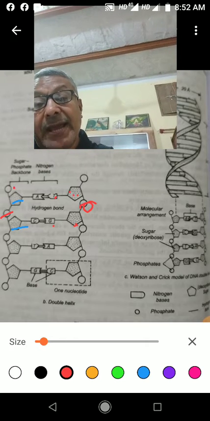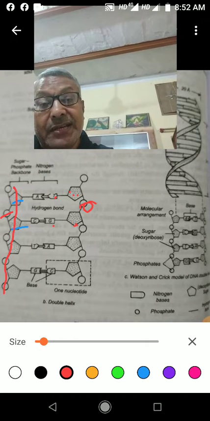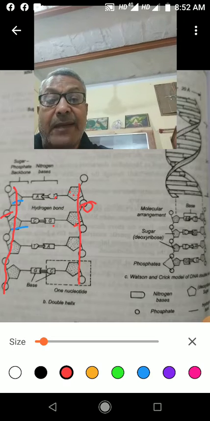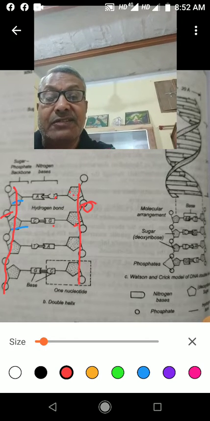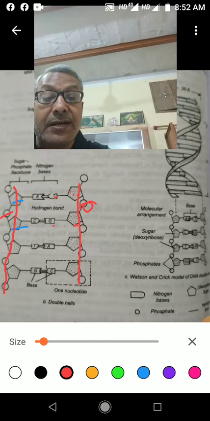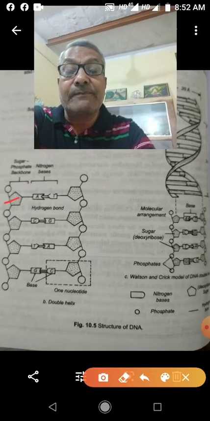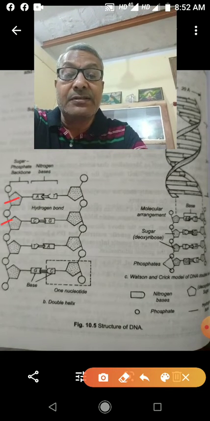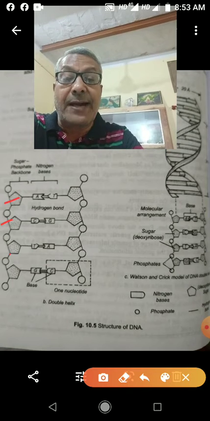So this is the backbone of the polynucleotide chain, and it is made up of deoxyribose pentose sugar, phosphate, again pentose sugar, phosphate.